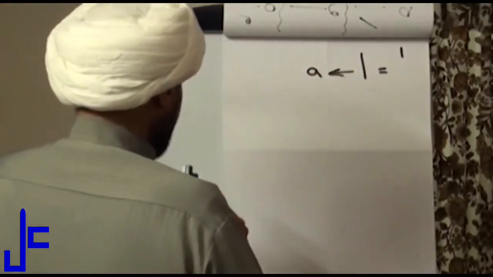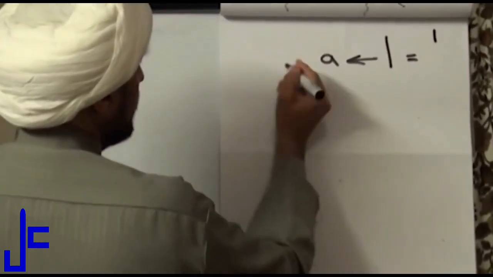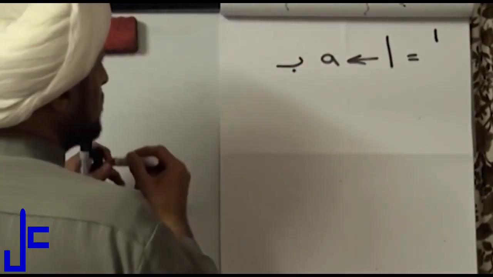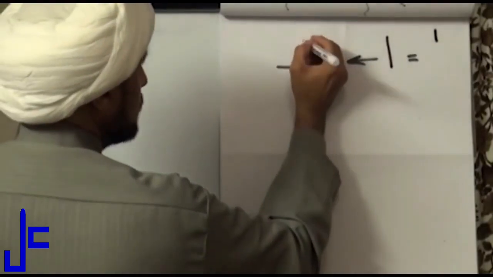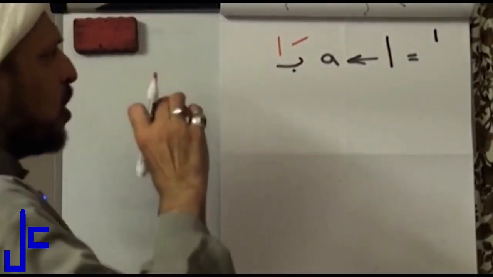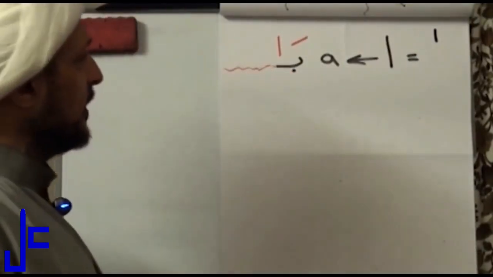Sometimes they don't write ba with an alif. This is our ba. Sometimes they will write this ba with a small alif on it, and then other letters will be connected.